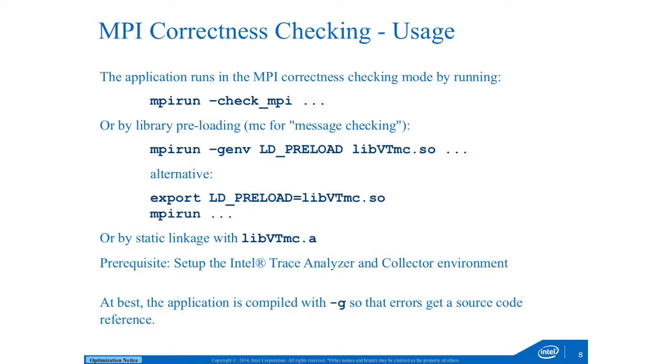Or you can even link this statically with libVTmc. Probably depends, but it should work. At best, you should also use, during compilation, the -g flag to get the debugging symbols and to see the source line in the output.